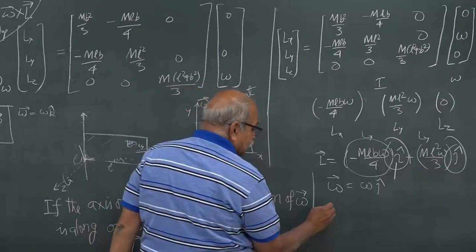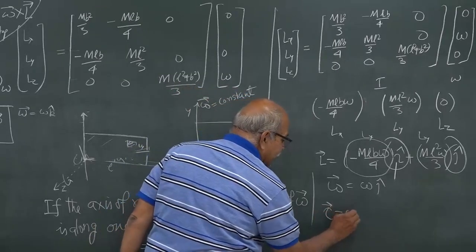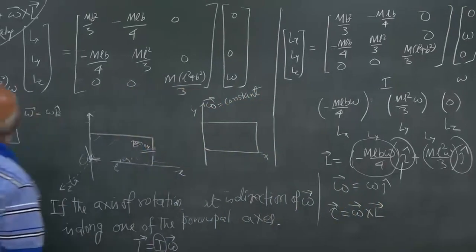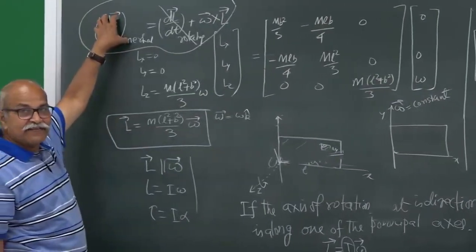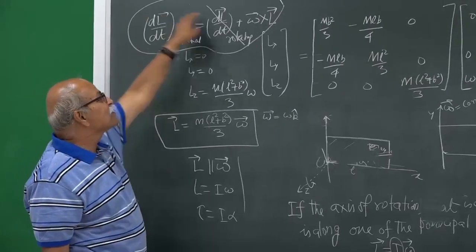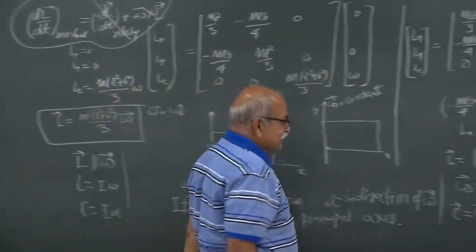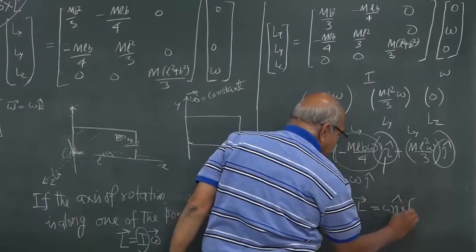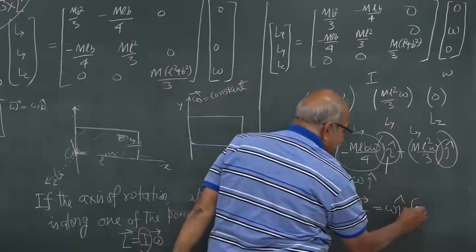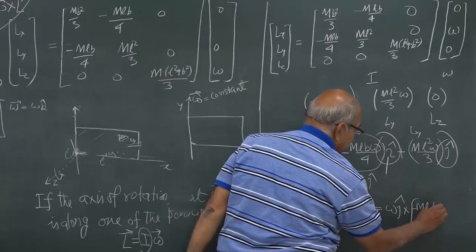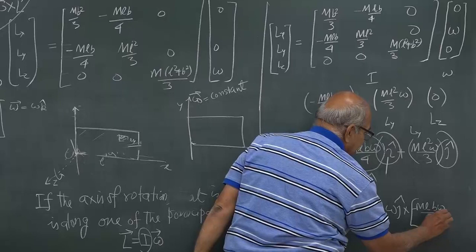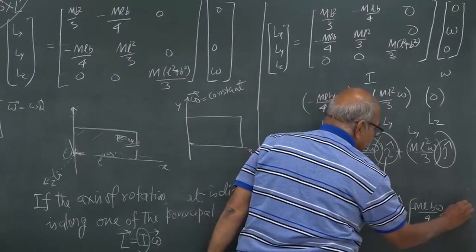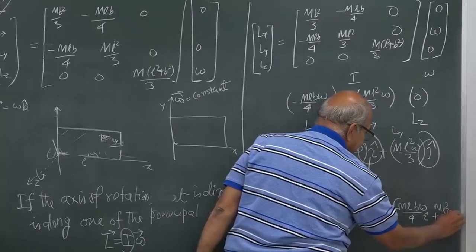Simple. Torque is equal to omega cross L. This is the torque in the inertial frame of reference, dL/dt is torque, equal to omega cross L, equal to omega j cap cross L. This L here is minus m L b omega by 4 i cap plus m L square omega by 3 j cap.